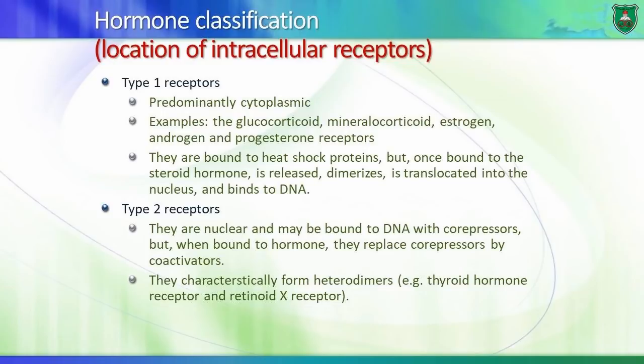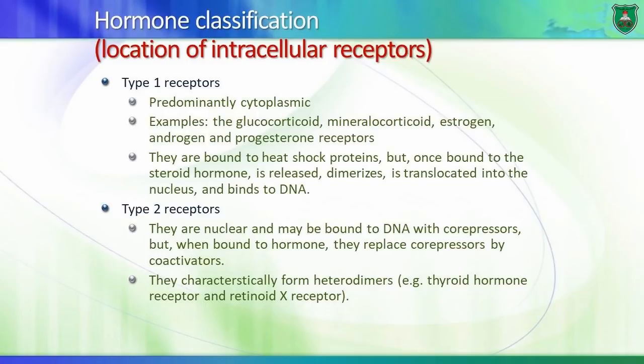Okay. Now, the type 2 receptors are actually nuclear. They are not cytoplasmic. They are nuclear. And some of them are actually bound to DNA, but they are bound with co-repressors as well. So they prevent gene expression. They block gene expression. And they get activated when the hormone goes into the cell.